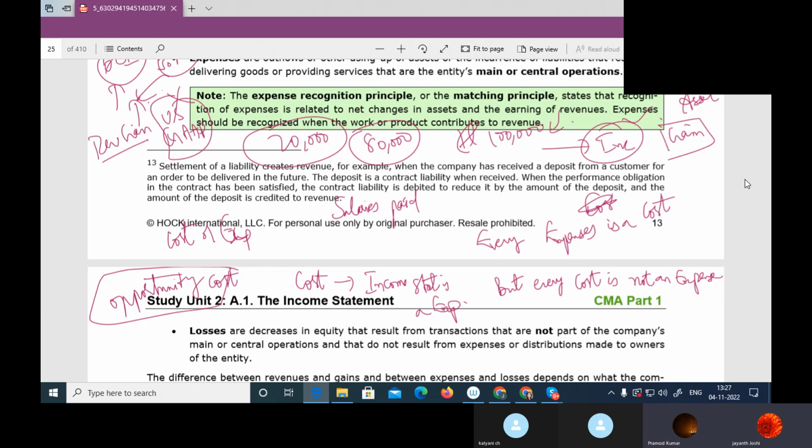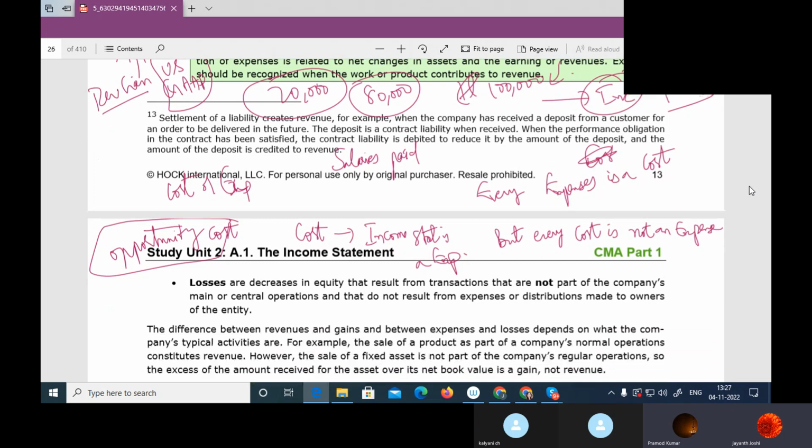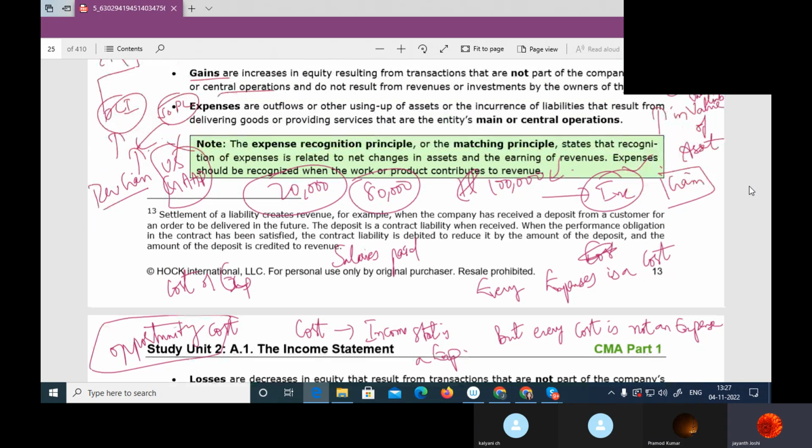So every expense is a cost, but every cost is not an expense. Whatever costs exist, you cannot take them all as expenses, but every expense you show in the P&L is definitely a cost. That's what I wanted to explain. I think things are clear for you. Shall we move forward?